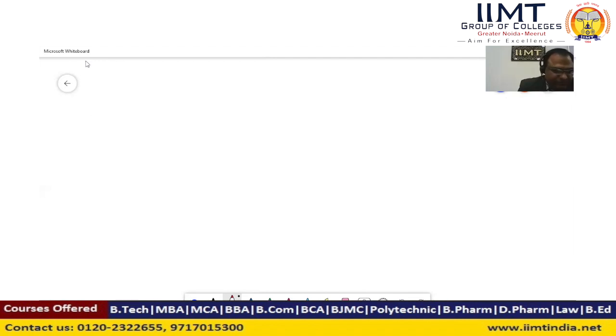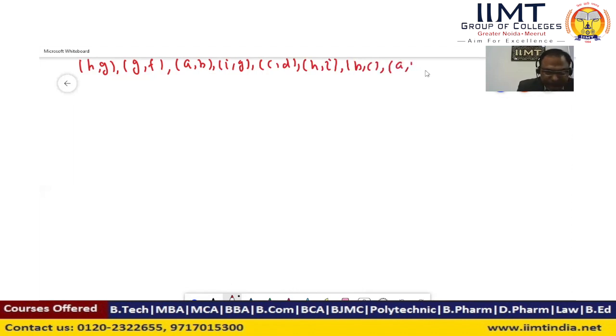The order of the edges is like this: H comma G, G comma F, A comma B, then I comma G, C comma D, then H comma I, then B comma C, then A comma H, then D comma E, then E comma F, then B comma H, then D comma F.